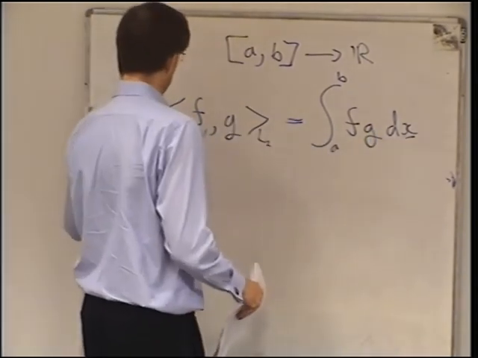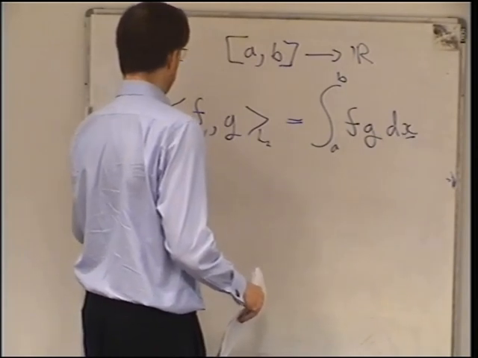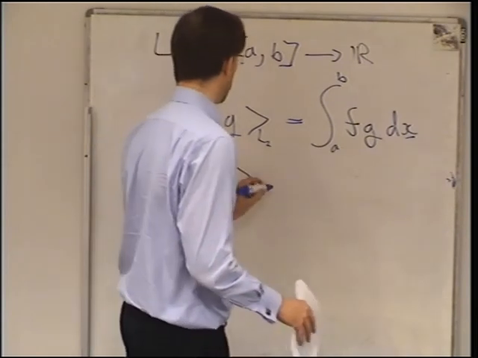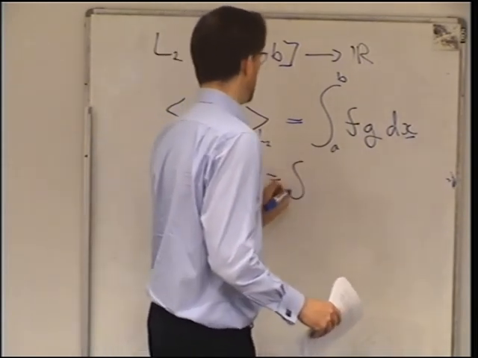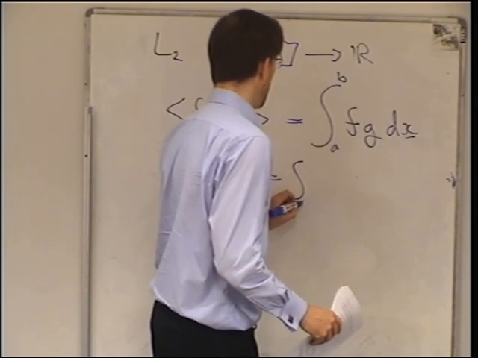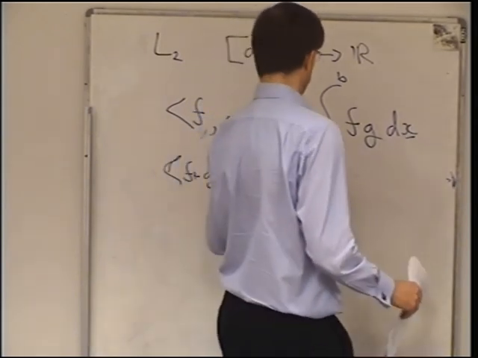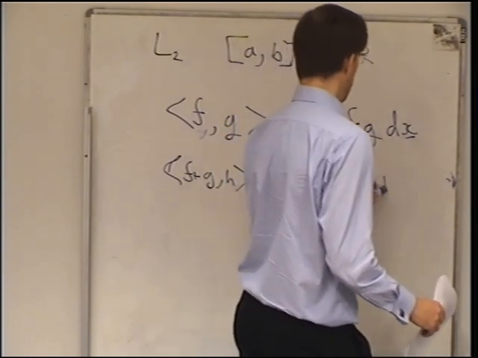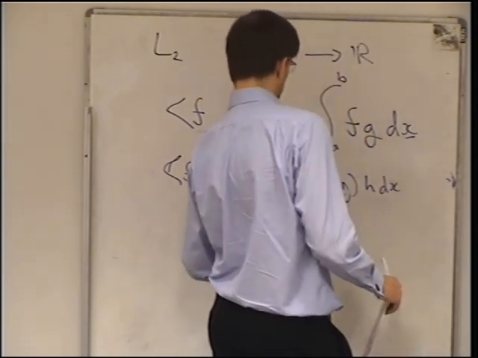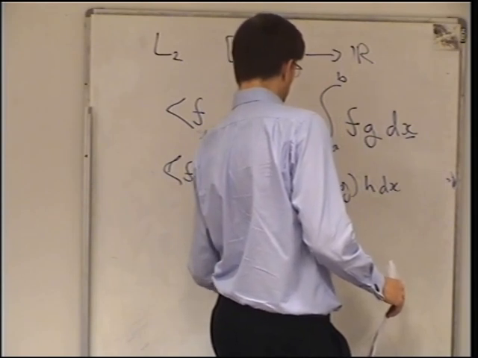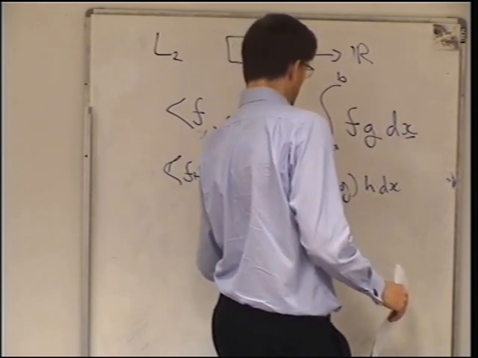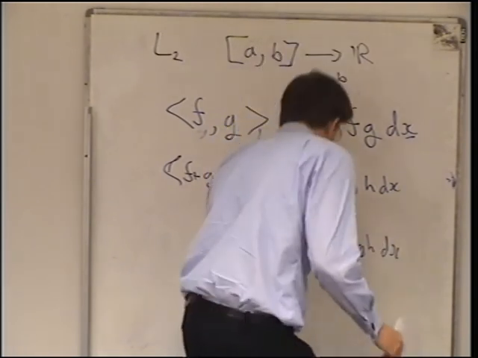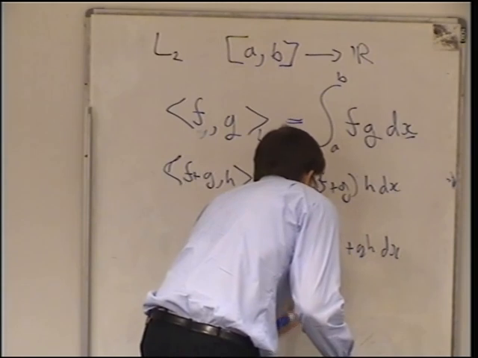So if I have the inner product of f plus g with h, then that's equal to the integral from a to b of (f plus g) times h dx, which is equal to the integral from a to b of fh plus gh dx, which is equal to the integral from a to b of fh dx plus gh dx.